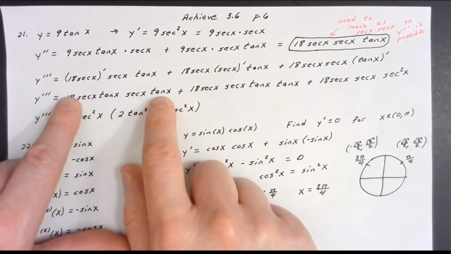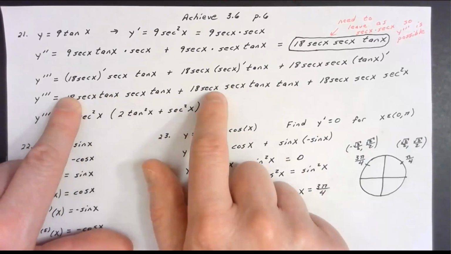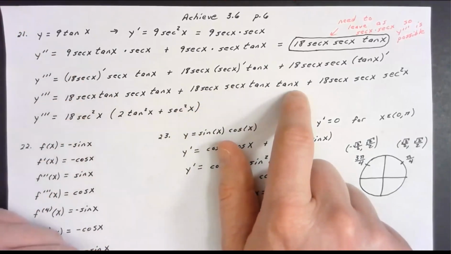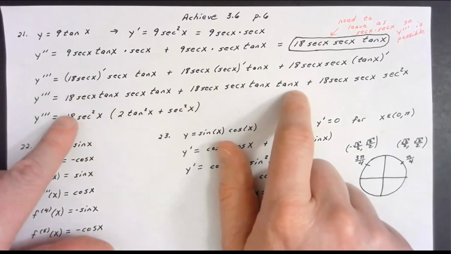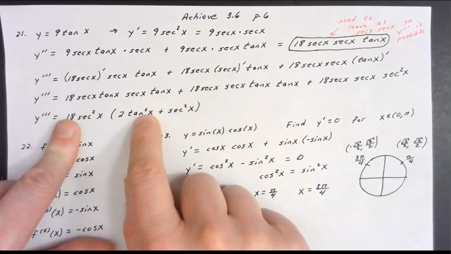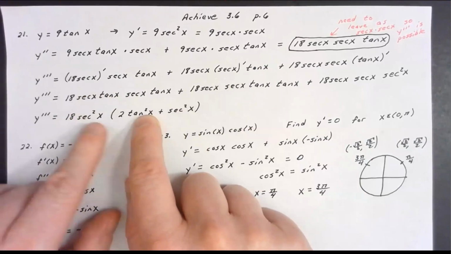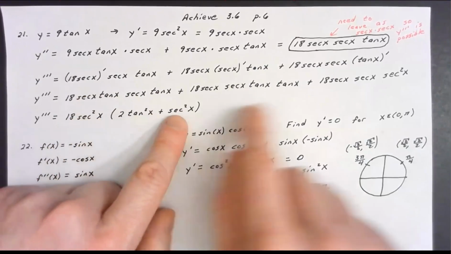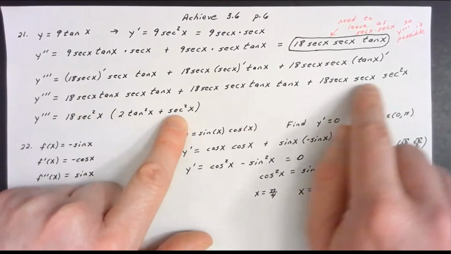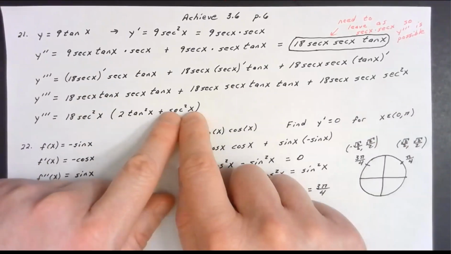So I have 18 secant squared x tangent squared x plus 18 secant squared x tangent squared x. That would give me 36 secant squared x tangent squared x. When I factor an 18 out of that, I'm left with 2 tangent squared x. And then when I factor an 18 secant squared x out of the last term, that's just going to leave me with the remaining secant squared x factor left there.